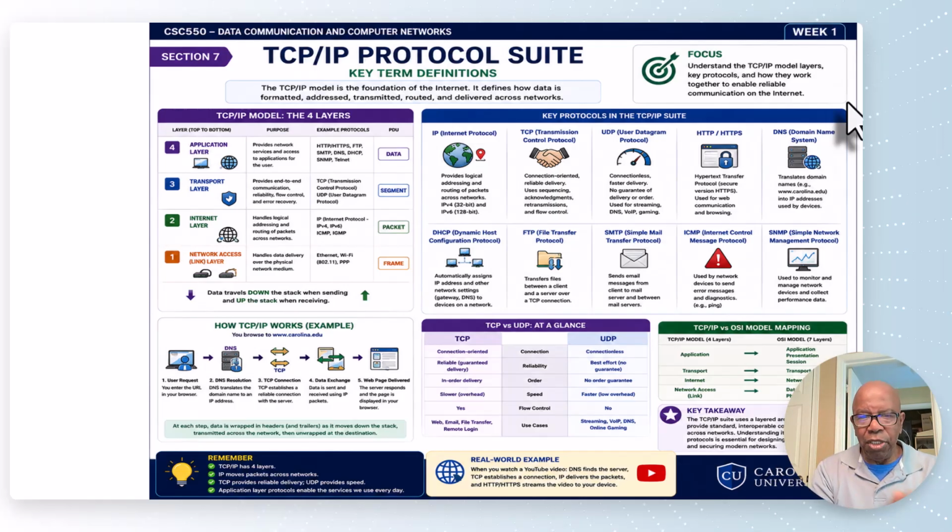That domain name is converted to an IP address, and based on that IP address is where the TCP/IP discussion kicks in. So look over this and read it in detail. We will be ready to discuss this in the face-to-face class.